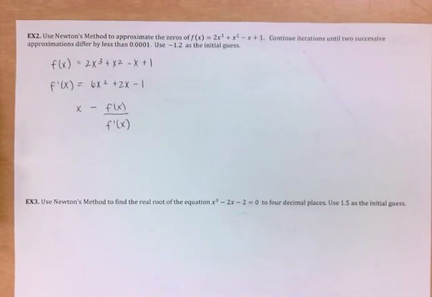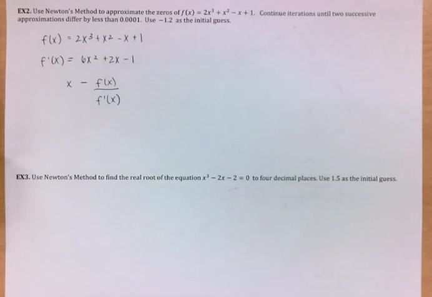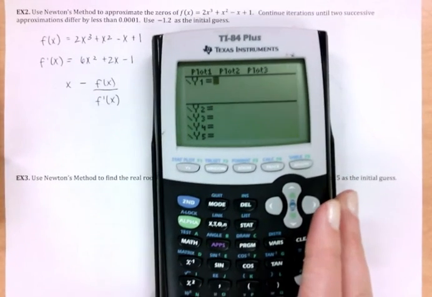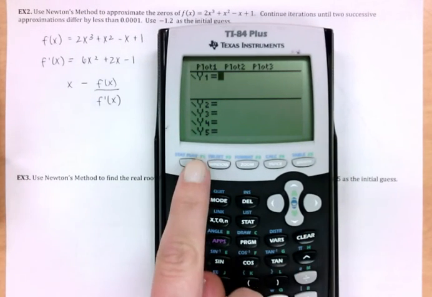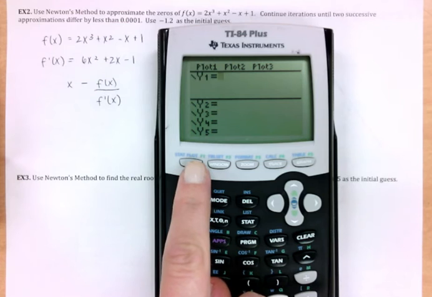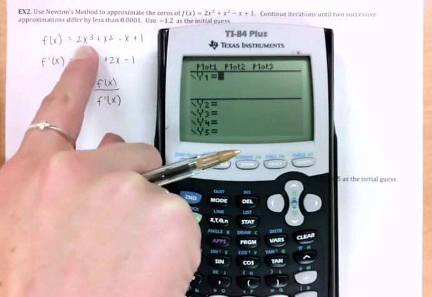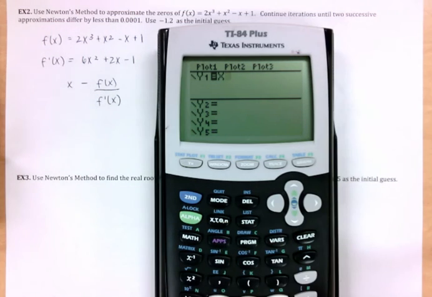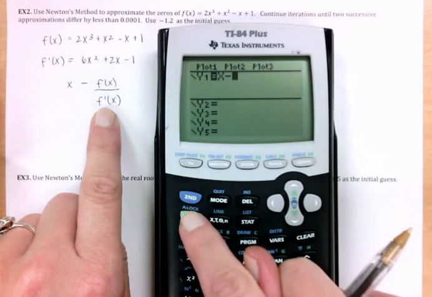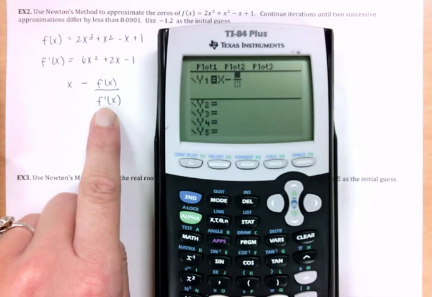So the way that you can do this in your calculator is putting it into your function. Go to your y equals. And we're going to put that in. So it's your x value minus your function value, which here is this. So you say x minus my function value. I'm going to make it into a fraction.